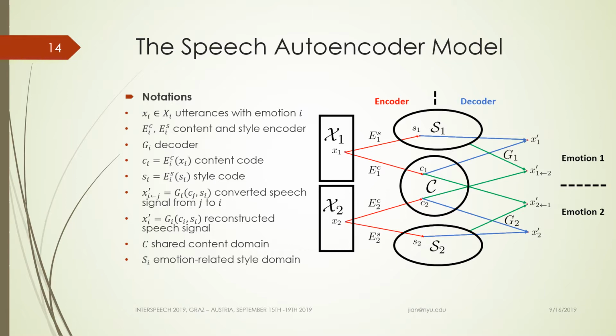G_i is decoder. C_i and S_i are content and style code. X_{j→i} is the converted speech signal from emotion j to emotion i. X_i prime is the reconstructed speech signal. C is the shared content domain. S_i is the emotion-related style domain.